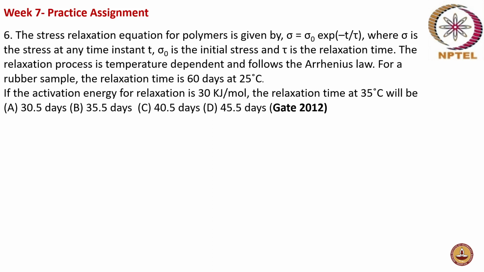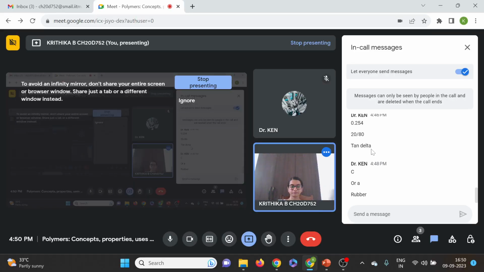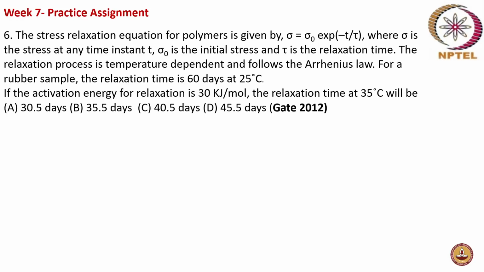They've given an activation energy for relaxation of 30 kilojoule per mole, and they've asked what's the relaxation time at 35 degrees. So how do you go about it? Okay, I'll proceed with the solution.